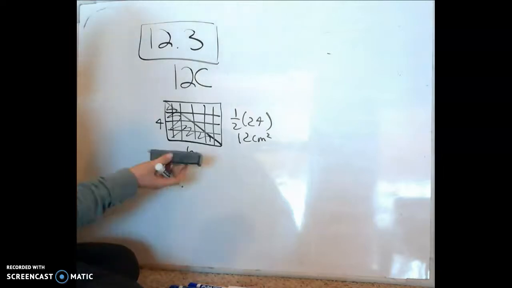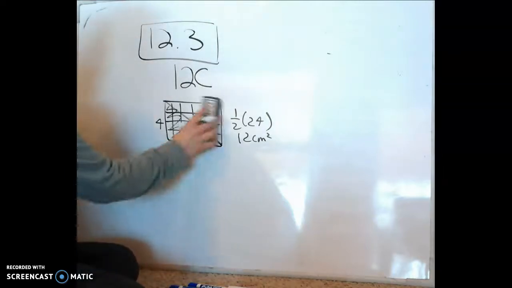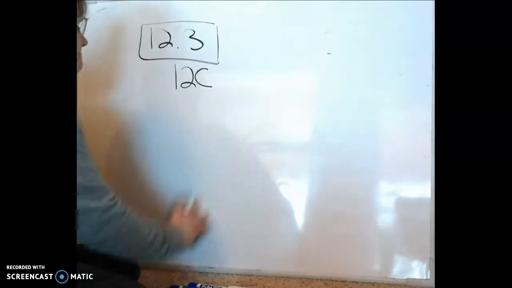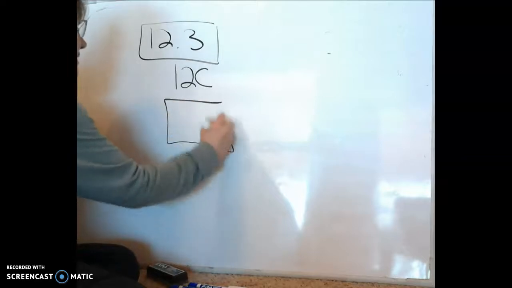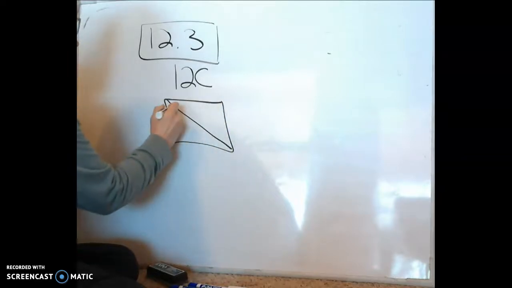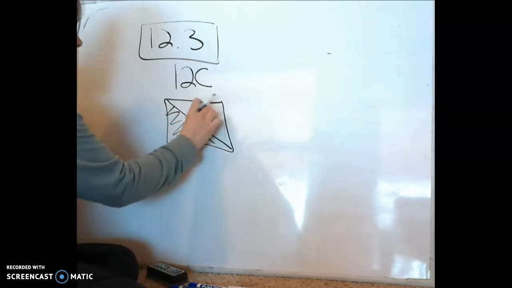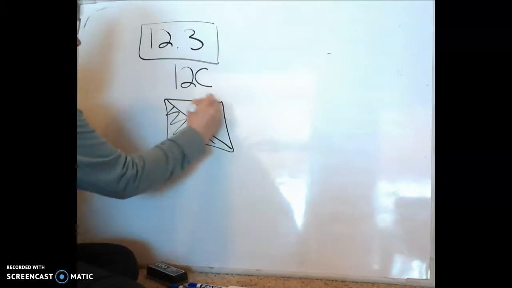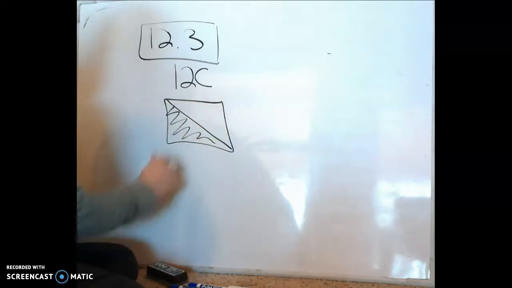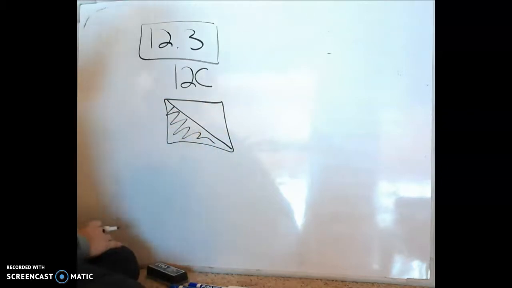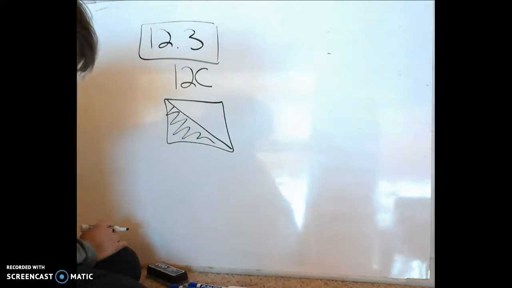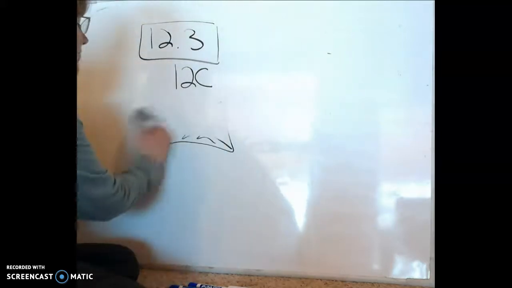The other option, which actually looks similar because it's a right triangle, is to fill in the rectangle. So the first time I was doubling and putting it over here. Here I'm just drawing in the rectangle. So again, this triangle equals this triangle, so I get half the area. And then the other one, I should be able to cut it.